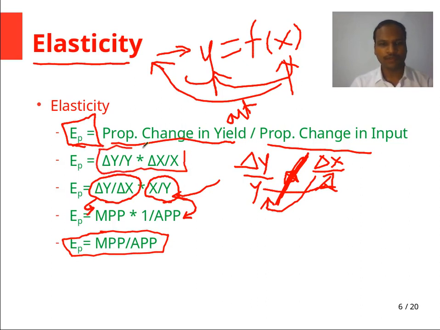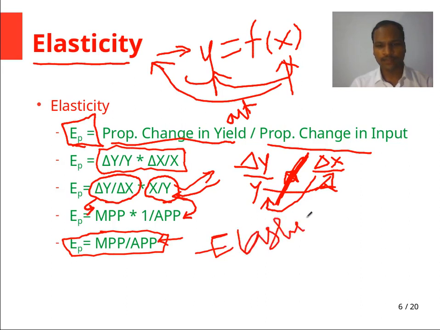If we know the formula here, we can use the formula, or else we can just divide these two things and we can get the elasticity. So how much responsiveness is the change in output recorded, we can measure. So we know the magnitude also, when it is greater than 1 and when it is less than 1, or when it is equal to 0, everything we know.